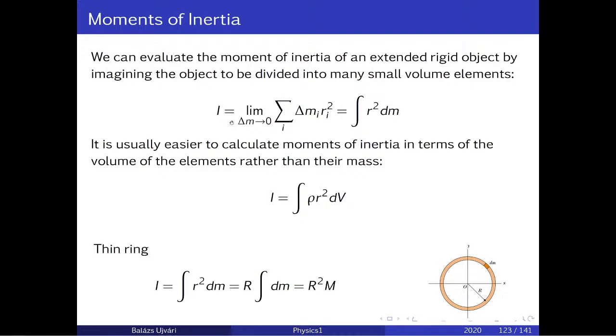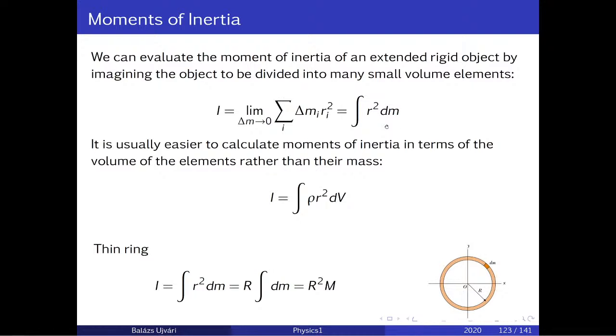If we want to be precise enough, instead of these small mi bodies, we have to go to the very, very small, infinitesimal small masses in technical points. That means we will go from capital delta M to dm, the infinitesimal small masses.